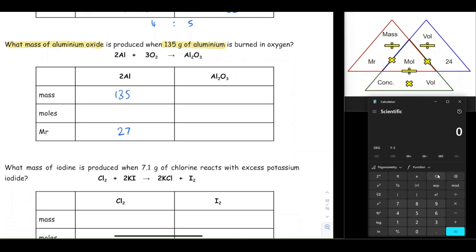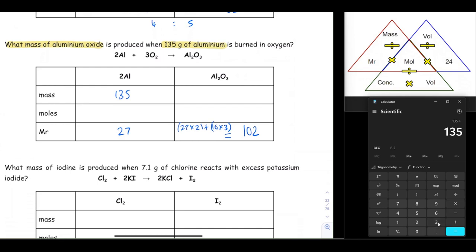My relative molecular mass of aluminium oxide is 27 times 2 plus 16 times 3. That gives me, open brackets, 27 times 2, close brackets, plus, open brackets, 16 times 3, close brackets, 102. Right, now I can start doing my calculations.